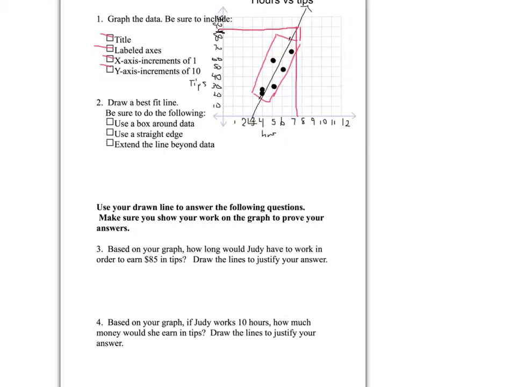So mine is about 7.5 to 8 hours. Now notice it's not in a complete sentence, but that's just because I don't have the ability to type. So if you could put, it would take her 7.5 to 8 hours to earn $85 in tips.